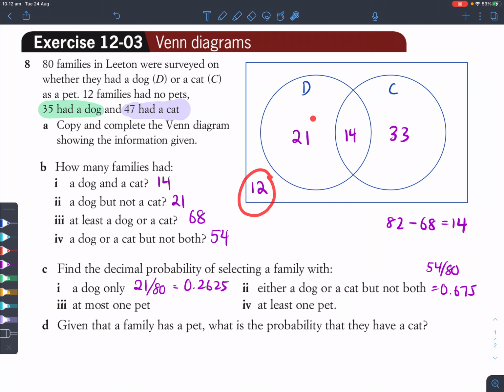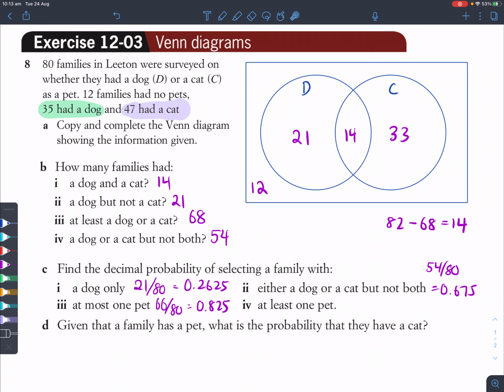So no pets and one pet counts. So these three numbers, they add up to become 66, and we can do that by adding these three if you want, or 80 minus that number. So the answer to this is 66 out of 80 as a fraction, but 66 out of 80 is 0.825.